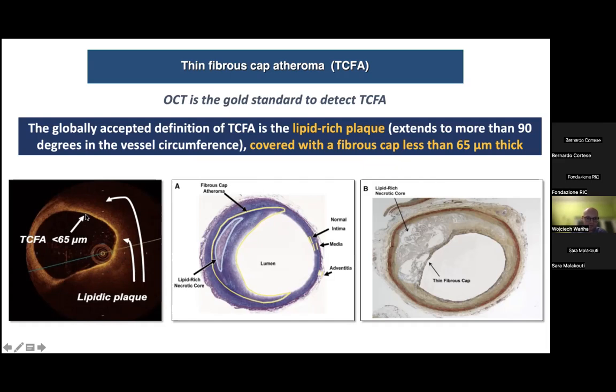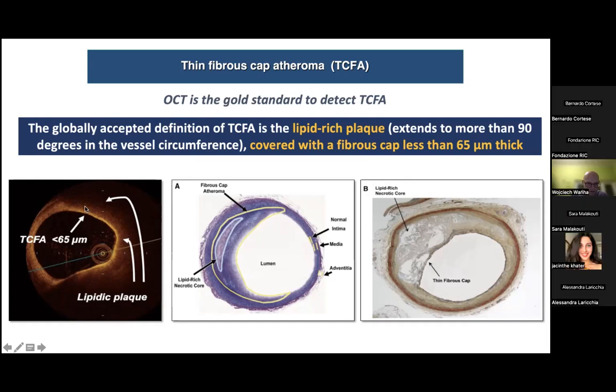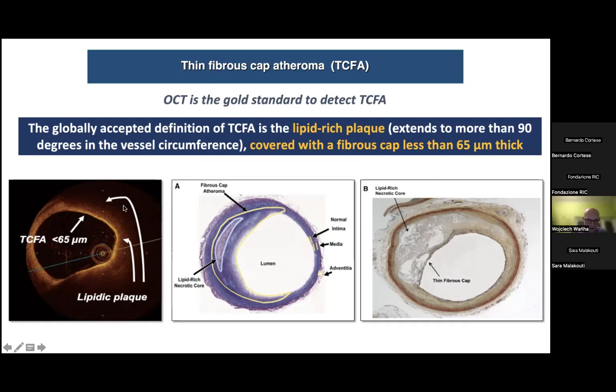Wojciech, in this image, actually, I would have said that the thin cap fibroatheroma is below, at around between 5 and 6 o'clock, not in the upper part. The TCFA is over here, and we have the lipid plaque over here.